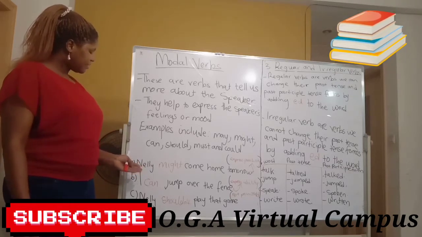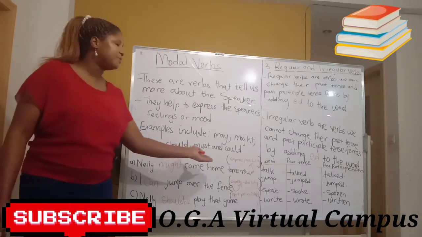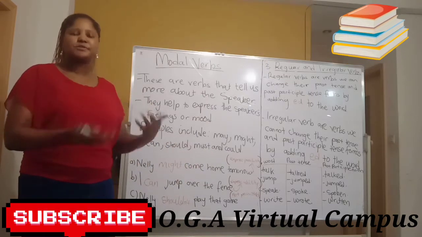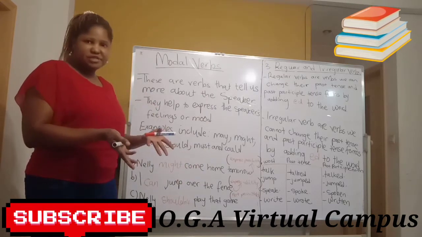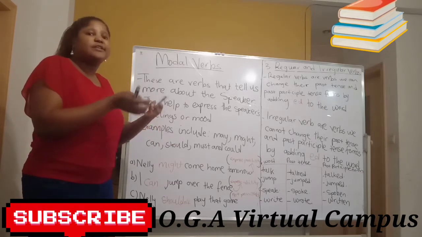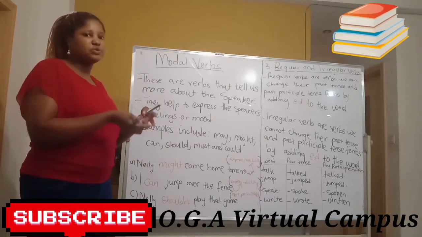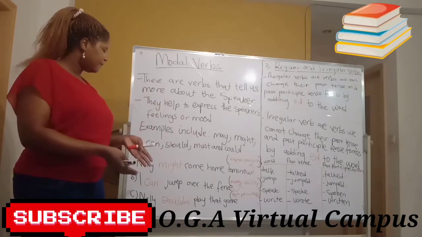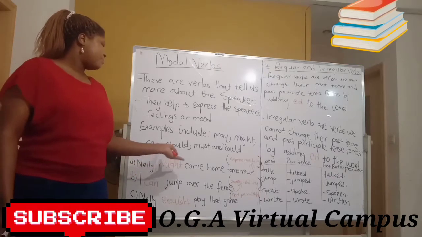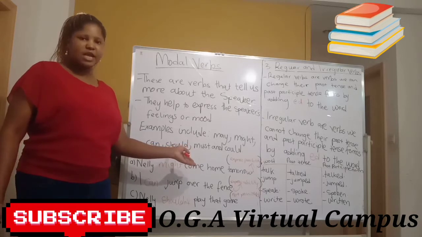So this modal verb is helping us to express the ability. Modal verbs can be used to express ability, what you can do or what you can't do. Okay? So from this sentence, I can jump over the fence.